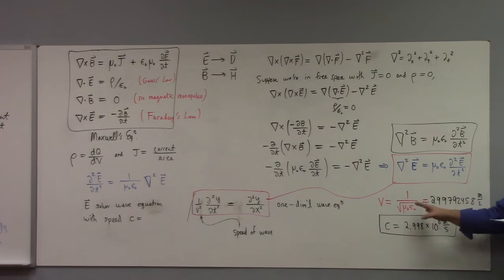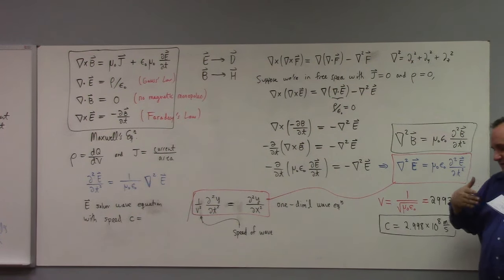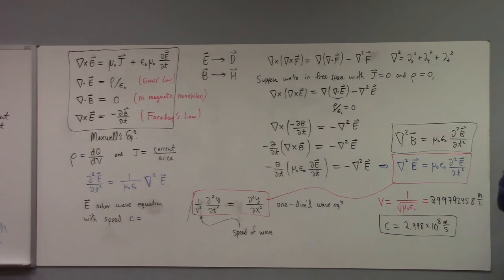This is very weird from the perspective of the study of waves in classical mechanics. In classical mechanics, the velocity of something would depend in part on the velocity of the source. If I throw a baseball on a train, then the velocity of the baseball is the velocity of the train plus the velocity of the baseball, right?